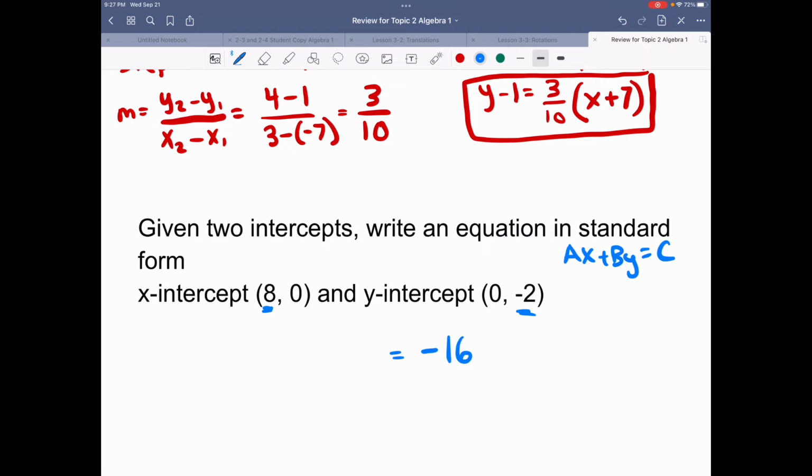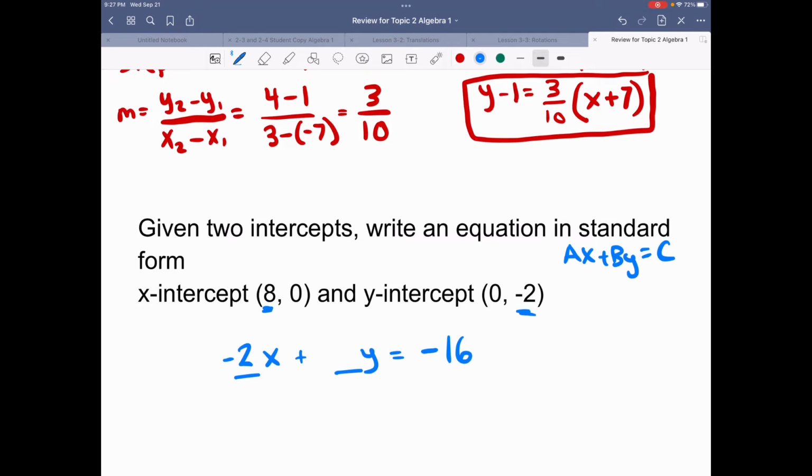Then I have to have my x plus something and my y. So there's something going to go here, and we're going to have a plus. So if x has to equal 8, then what times 8 would give us negative 16? It's going to be negative 2.